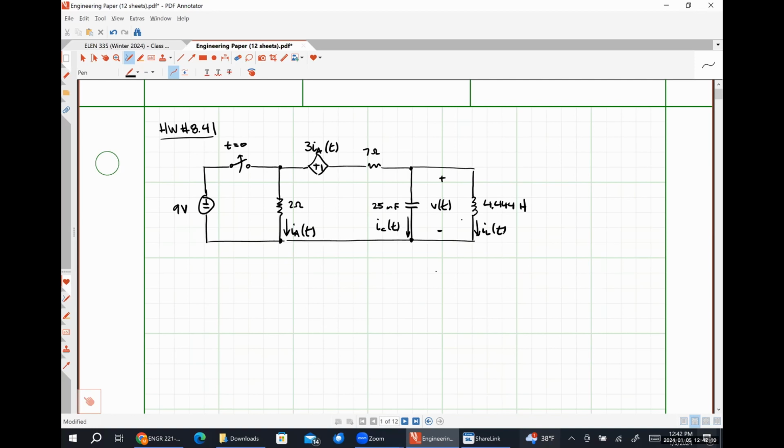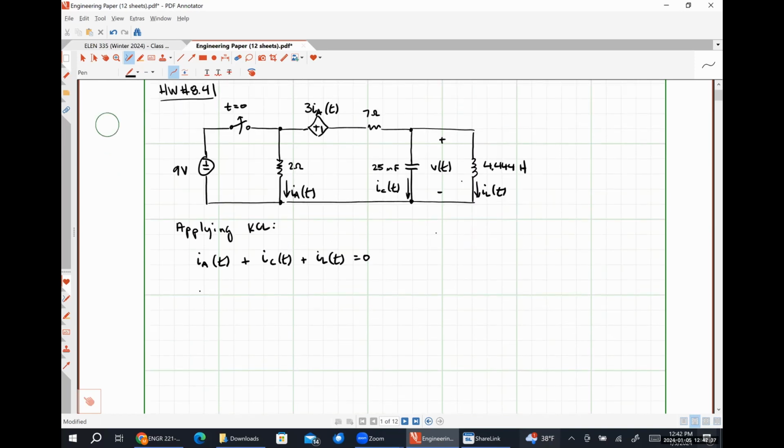One thing I can see right off the bat is that by applying Kirchhoff's current law, IA of t plus IC of t plus IL of t must be equal to 0, which means that IA of t would be negative IC minus IL.